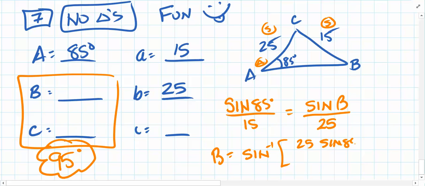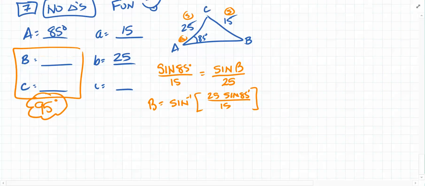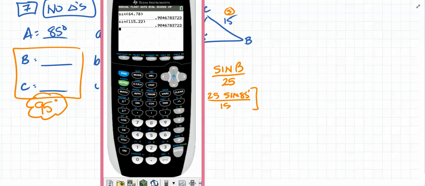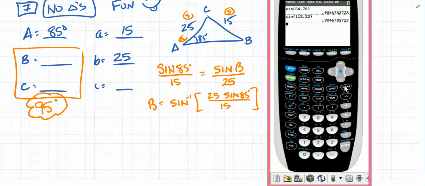I'll do it my normal way because I want to point something out. 25 times the sine of 85 is some number. And then when I divide that by 15, just pause for a moment. Look at this number. This is 1.66. If I round, that's 1.67 or 1.7, right? I'm asking the calculator, at what angle does the sine curve reach 1.7? Think about that. It never does. How come?